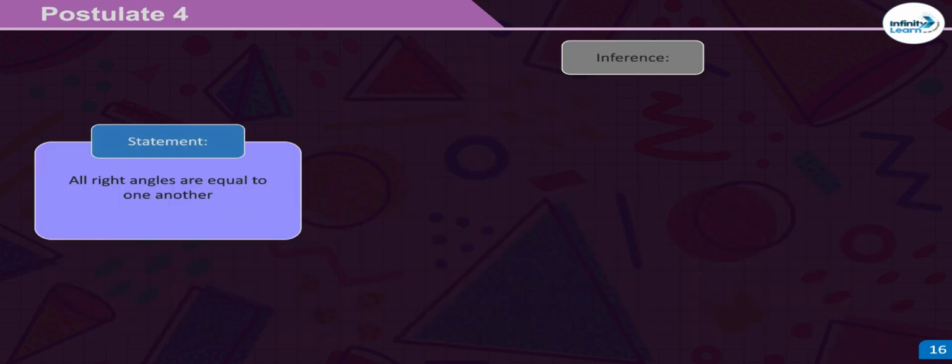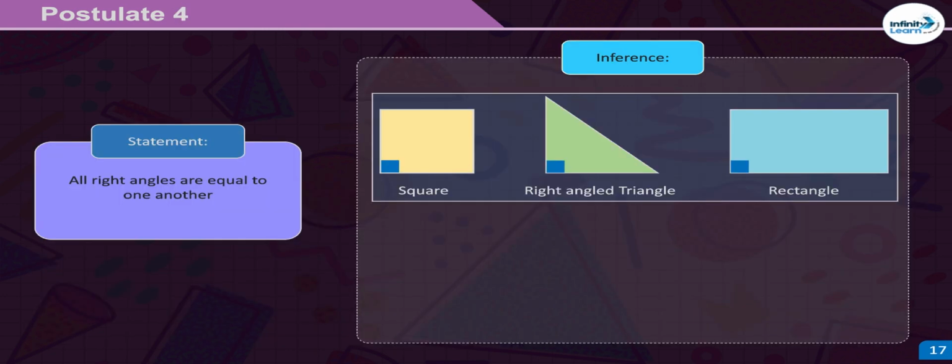Now postulate number 4. All right angles are equal to one another. कैसे? देखो ध्यान से. Right angle of a square, right angle of a triangle, right angle of a rectangle are equal.